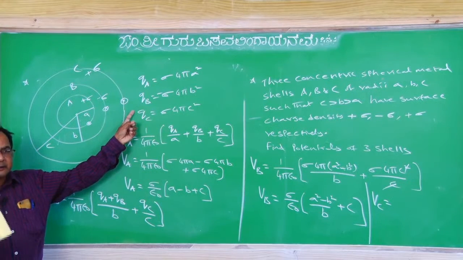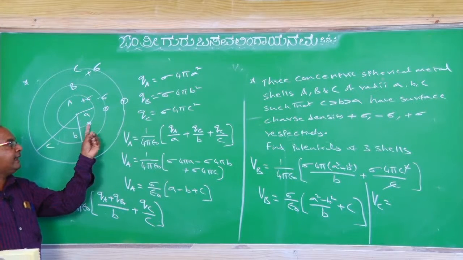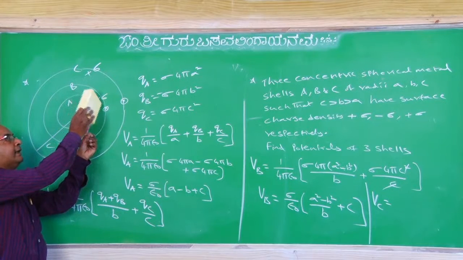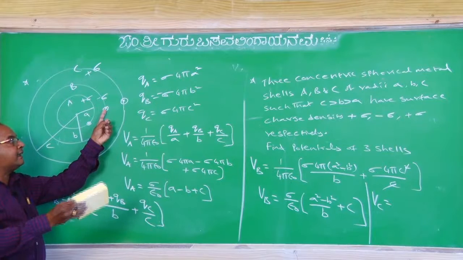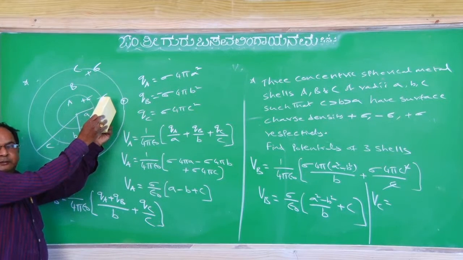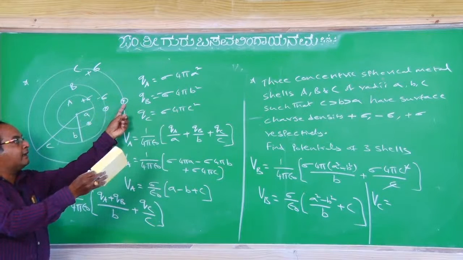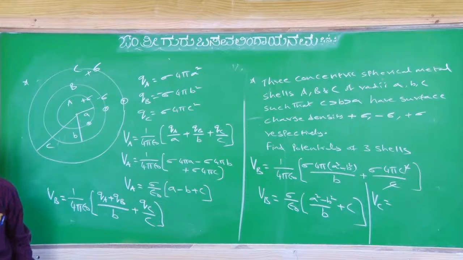Because charge resides on outer surface. If you calculate here, no problem. Only the charge at any charge that will be there. If you consider the second sphere, the first sphere charge also comes to the second sphere. If you consider the third sphere, the first two spheres' charges also come to the third sphere.